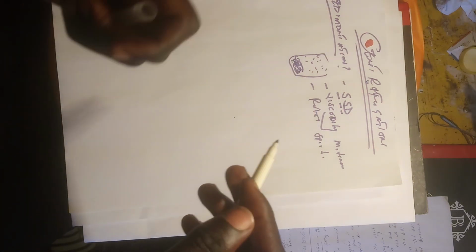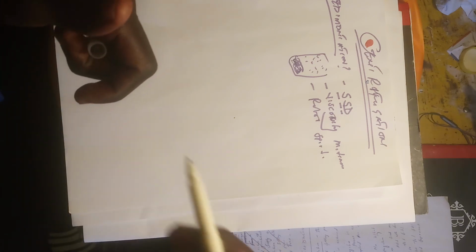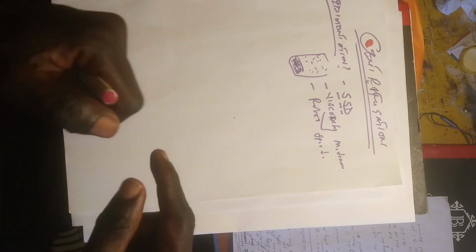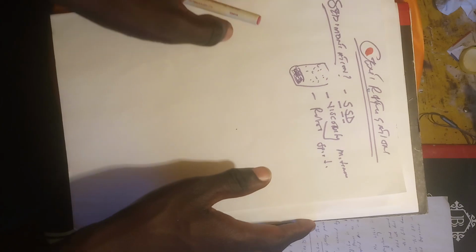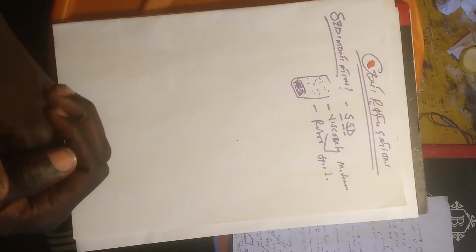Viscosity is simply how thick the liquid medium you are using is, and rotor speed we'll be able to understand when we look at the types of rotors and what they do.